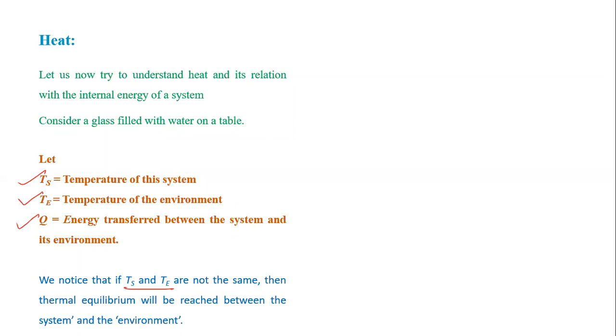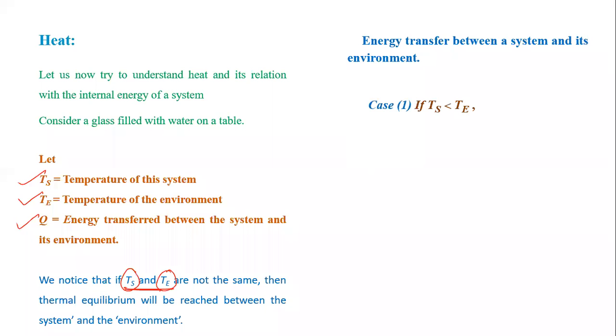We already learned thermal equilibrium, in which heat is transferred from a hot body to a cold body. If the temperatures are not the same, then heat exchange will occur between the system and surroundings. Transfer between the system and its environment occurs.